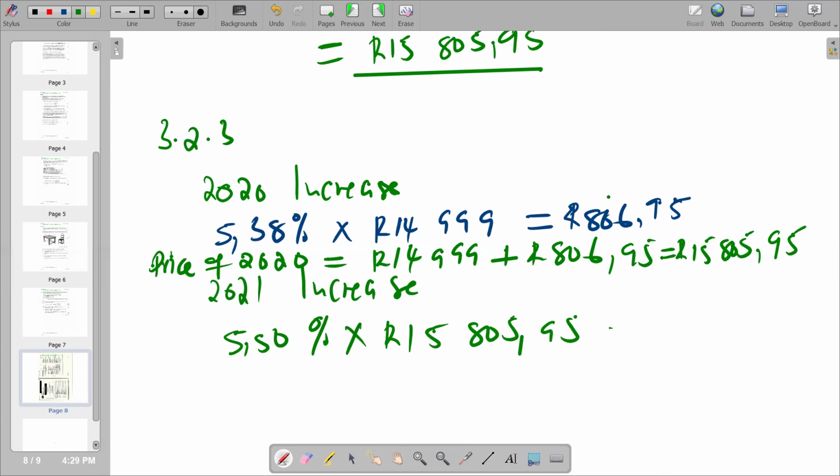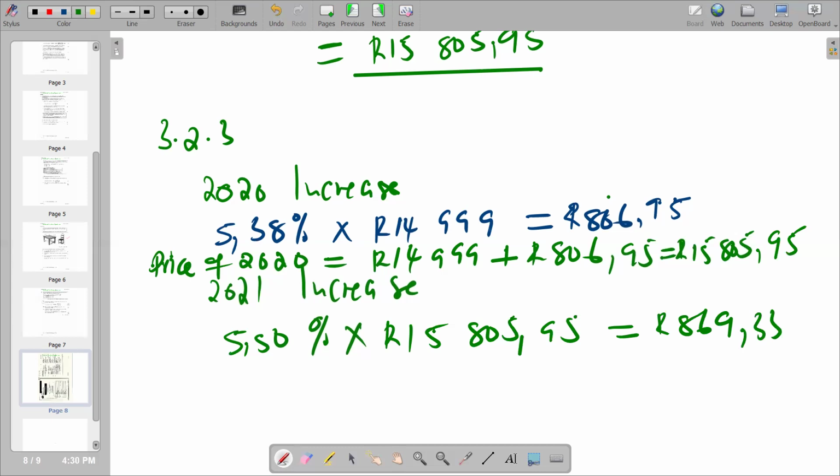And then with that, we are going to get an increase of 869 rands 33 cents.